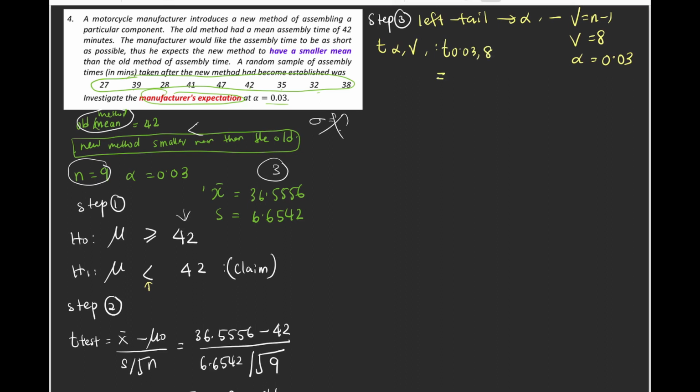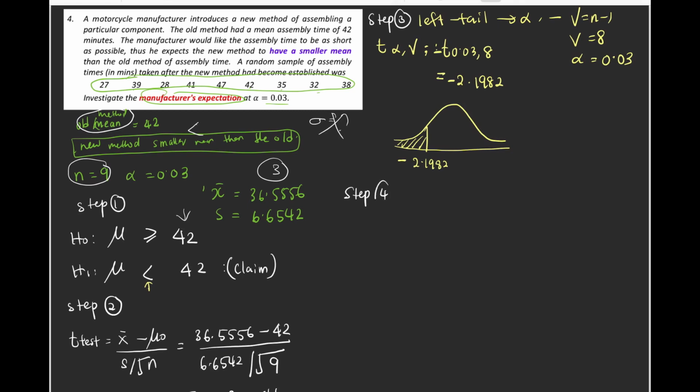Look at your stat table. You will get 2.1982. So put the negative sign because of the left tail. If you draw the normal distribution, it is a left tail, so the shaded region is at the left side. Put the negative sign, 2.1982.